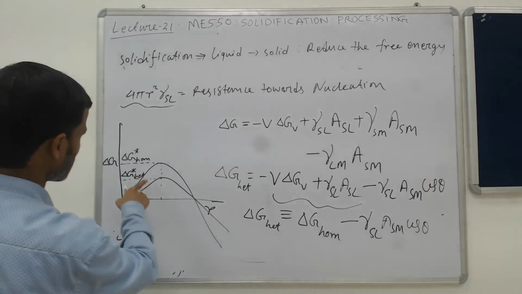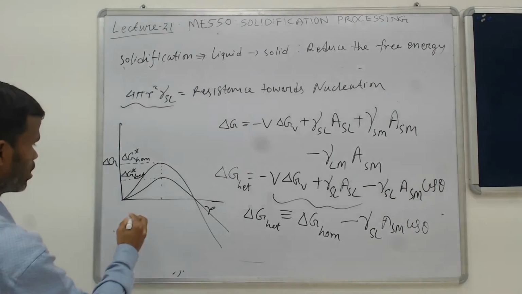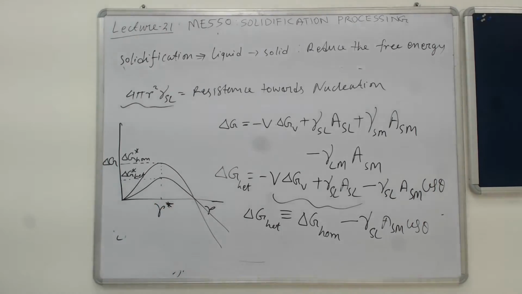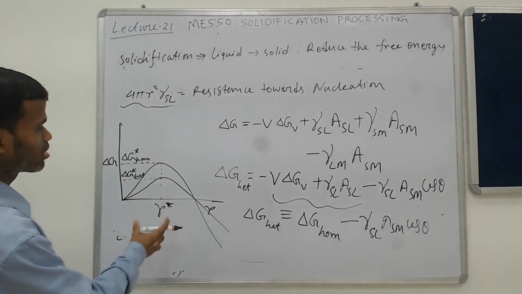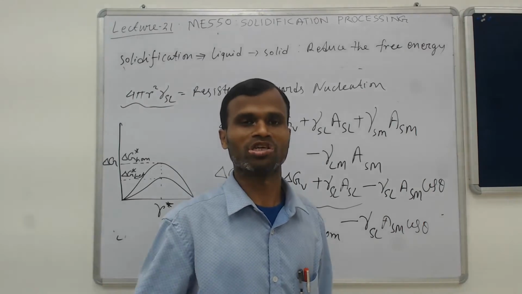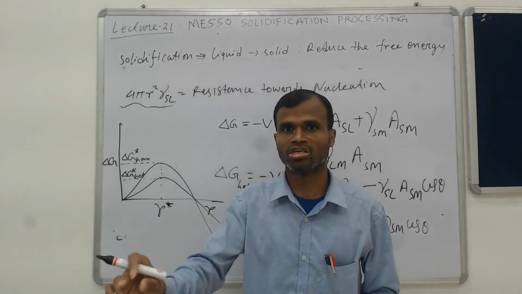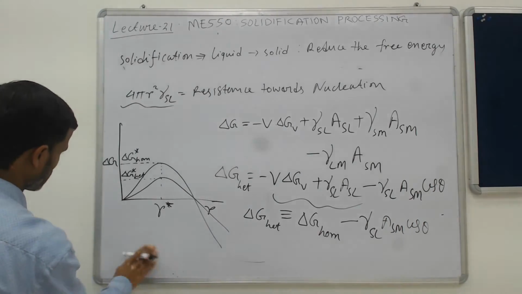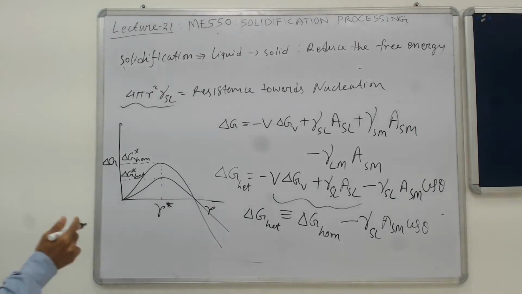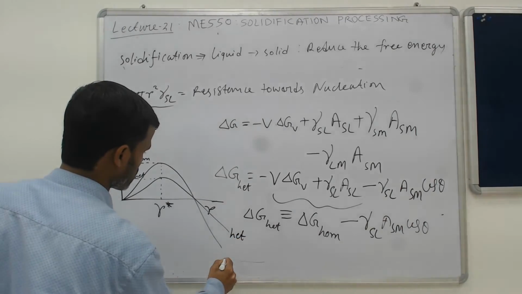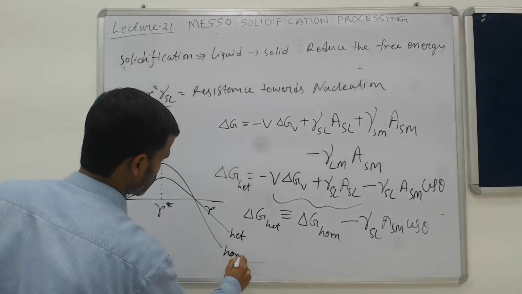Because this is heterogeneous, it is always less, so the critical value will also be less. But very interesting is that the critical radius of the cluster remains almost the same. In some textbooks you can find it to be a function of the wetting angle also. But here for simplicity we are not considering these things, we are just considering it to be the same. This is for heterogeneous nucleation, and this is for homogeneous nucleation.